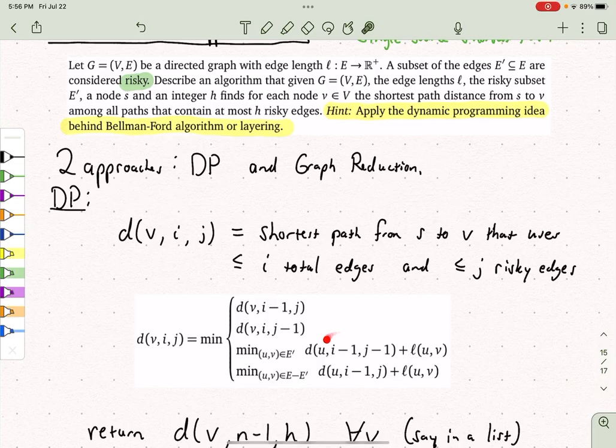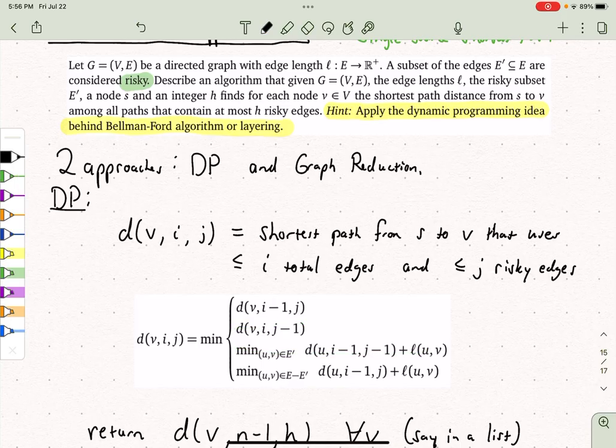And if so, we've used up an edge, and specifically we've used up a risky edge, and this will be the total path distance. Otherwise, we use any edge that isn't risky, so we can keep j the same, but we still use one edge, u to v, to complete the path. So if you just ignored these two cases, it's the same as the Bellman-Ford DP formulation.